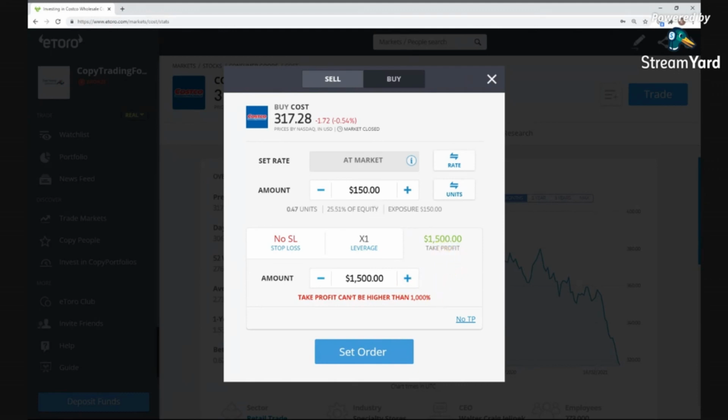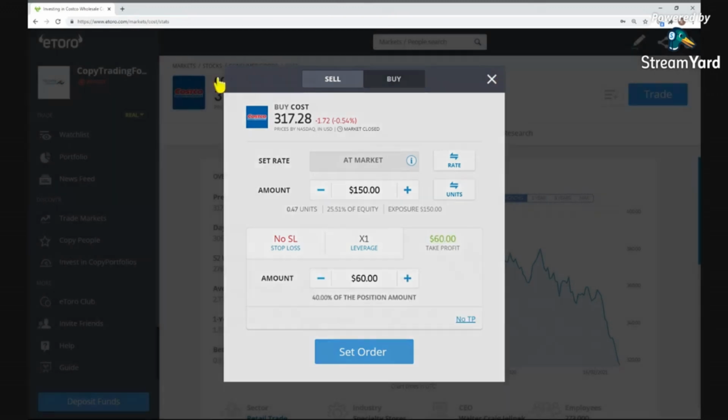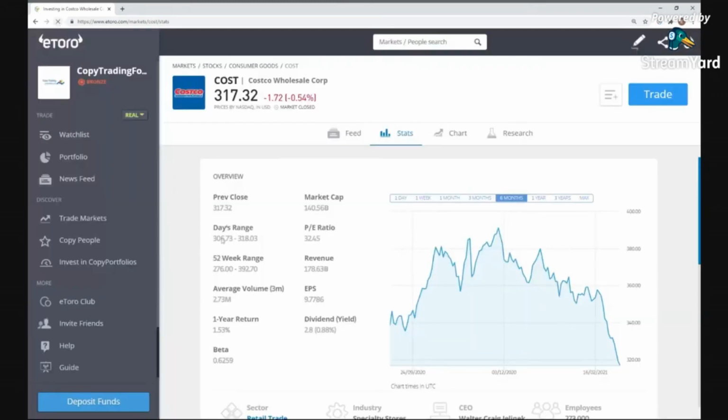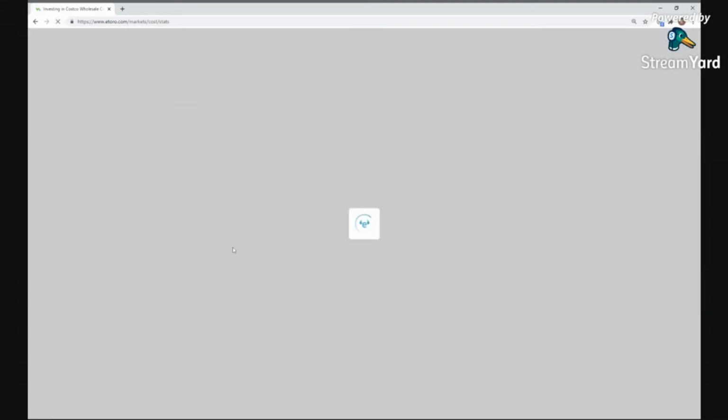So when this investment gets to 1,500, it'll sell off the stock. But don't worry about that yet. I don't know why that's changing like that. That's strange. I'm trying to set no take profit. I've never seen that happen before, guys. So let's just refresh that and we'll go back in and open our first trade.